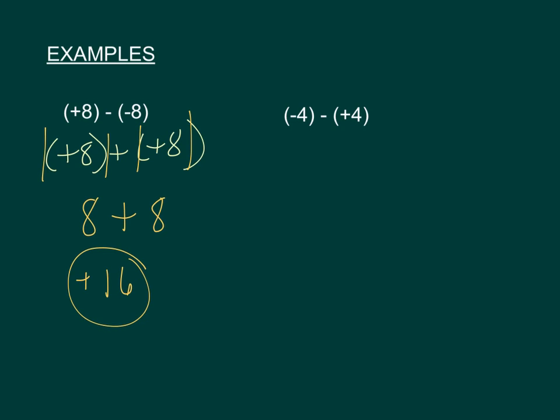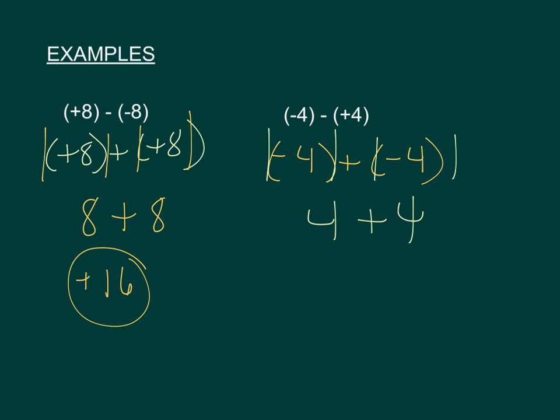Over here, stay, change, change, cha-cha-cha. The signs are the same. Find the sum. 4 plus 4 gives me 8. They are the same, so my answer is negative 8. So now you've seen every different type of example for when we subtract integers.